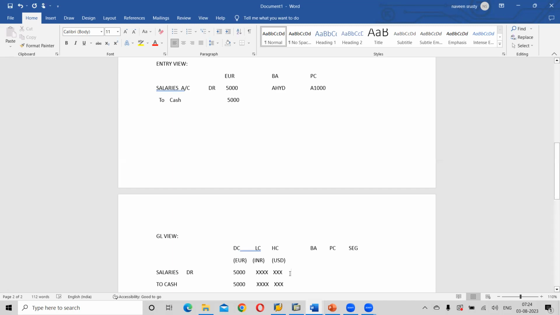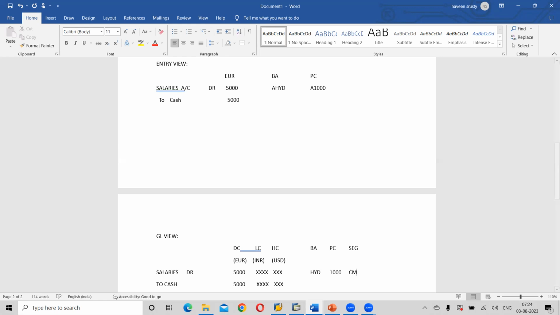So here, business area Hyderabad, profit center 1000. Did we give any segment here? What do you mean by segment? In the document entry, did the clerk give any segment here? No, right? So the segment will be taken automatically, because the segment is linked to the profit center.